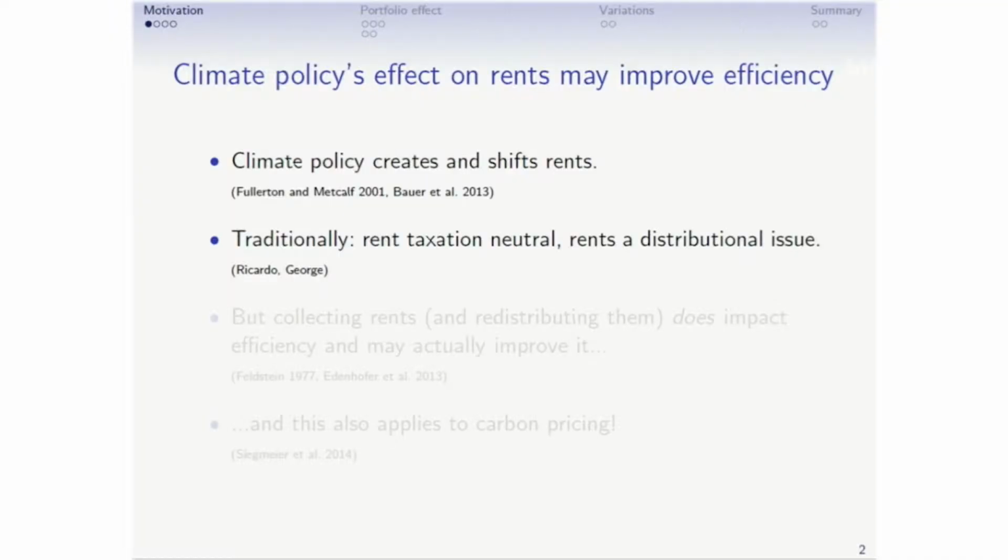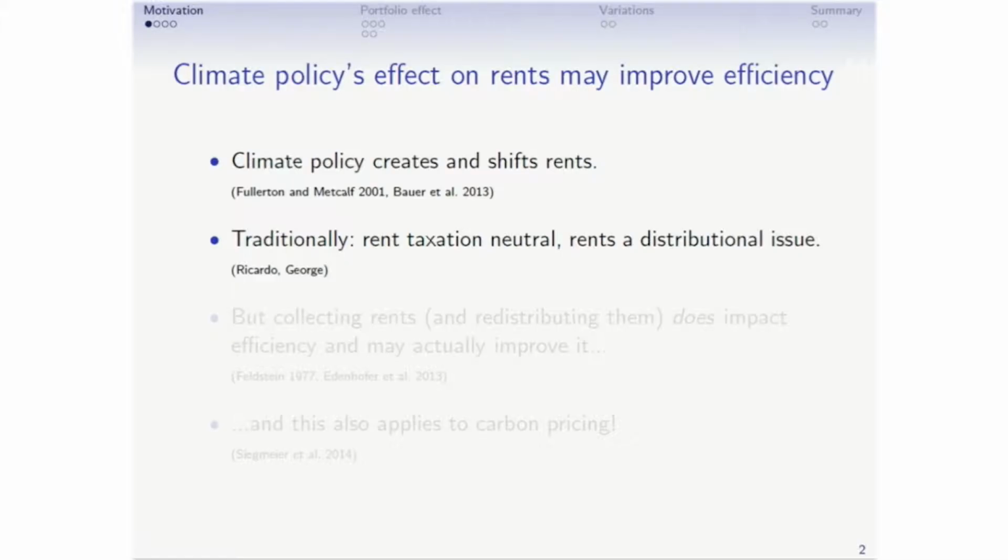So climate policy not only affects the flow of emissions, but it also affects the rents of underlying stocks, and most notably in the case of climate policy, of course, the rents from fossil resource stocks. It creates additional rents by introducing additional scarcities to the system, and also shifts rents, for example, from the resource owners to the government.